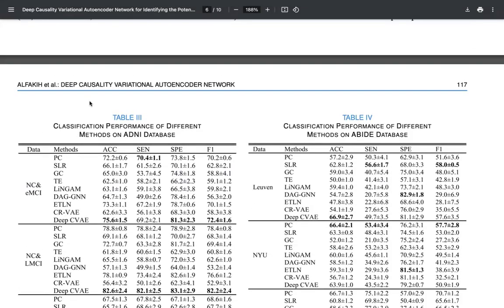Any other questions? And this is how they do the signal prediction. Could you repeat the question? Yeah, look at how they do the signal reconstruction.